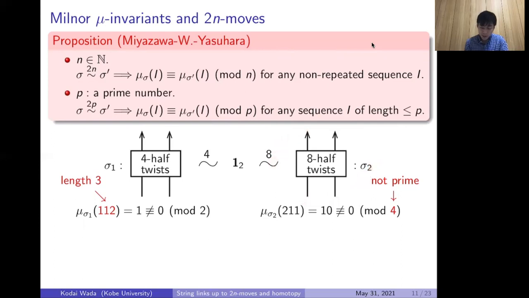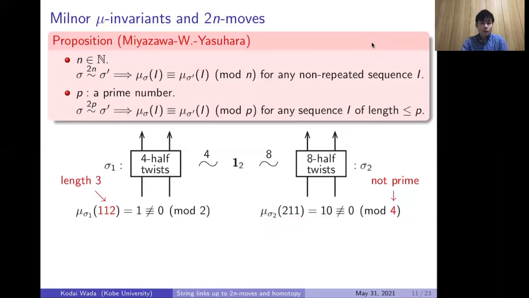It is 8-equivalent to the trivial two-component string link. On the other hand, the mu invariant of sigma 2 for the sequence 2, 1, 1 is equal to 10, which is not congruent to 0 modulo 4. Okay, these are two remarks.